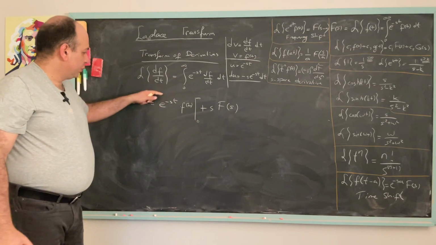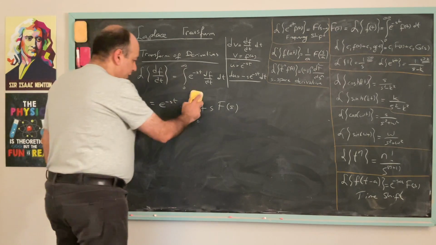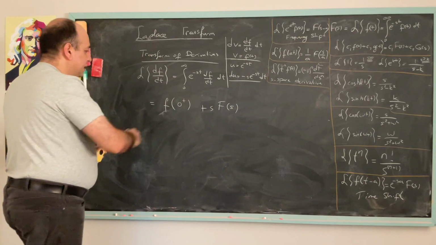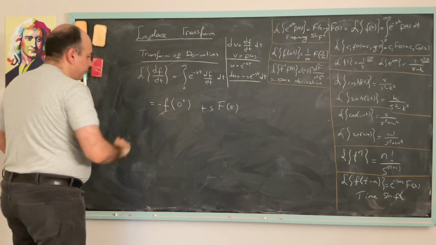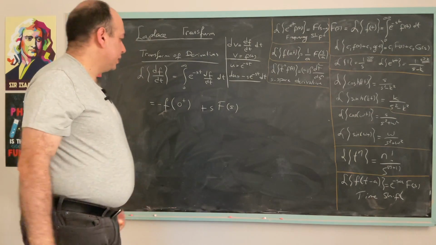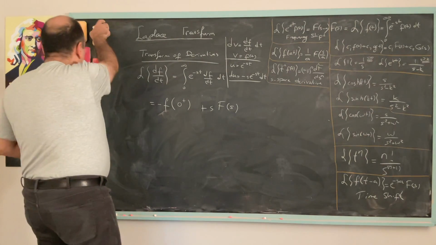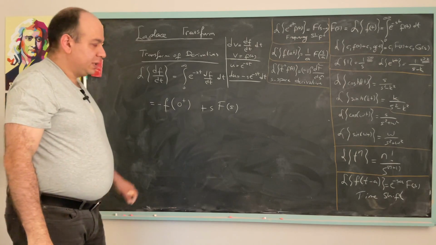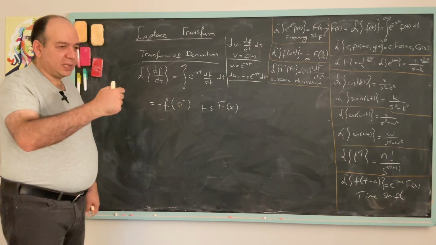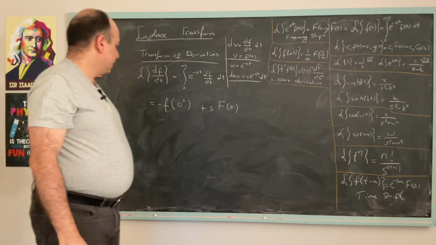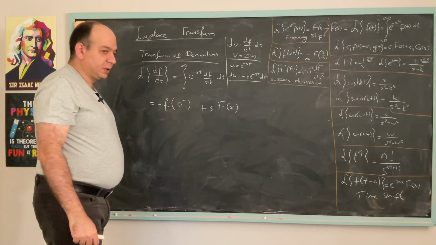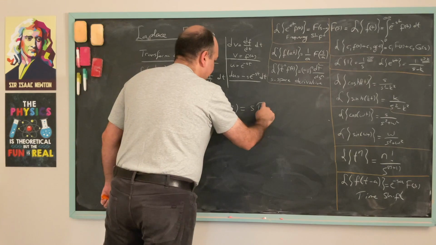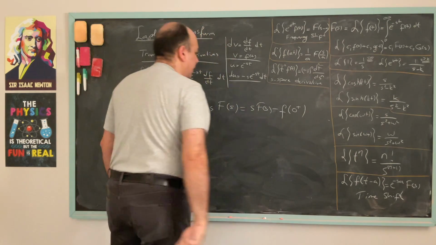When t is equal to 0, this is 1, and this is f of 0. So it's going to be f of 0 plus. You usually see this plus symbol here, and there is a minus because that was the lower limit of the integral. 0 plus means you go to time equal to 0 from the positive side. So f of 0 plus is actually my initial condition. So we get s F of s minus f of 0 plus.